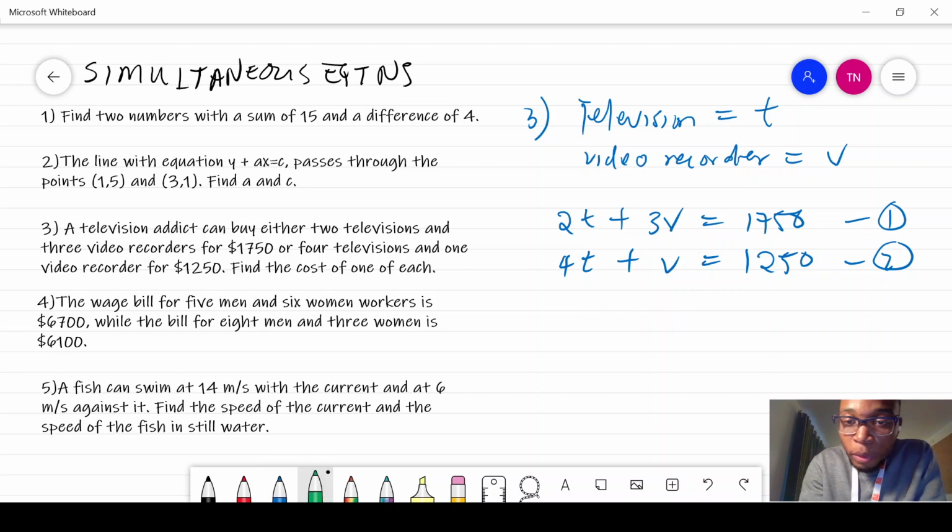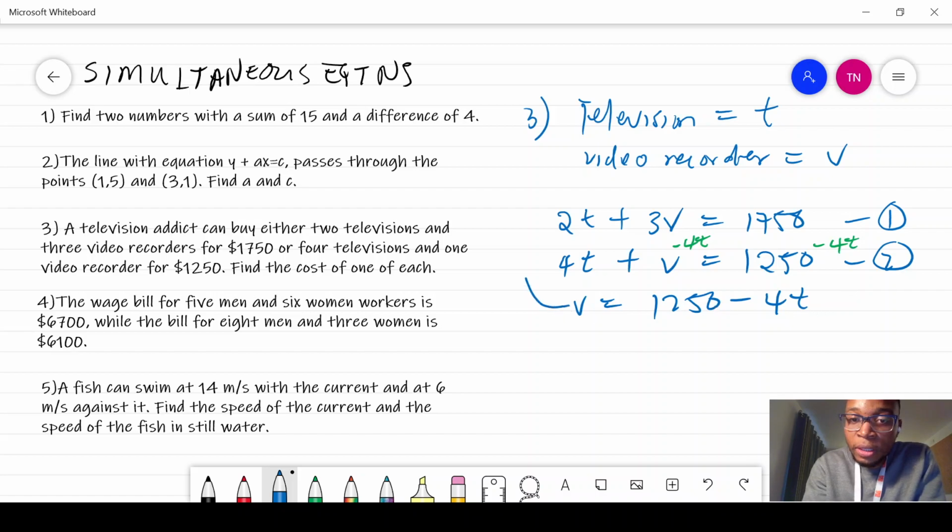To make V subject of the formula on equation number 2, we subtract 4T this side and subtract 4T this side. Then we have the equation written as V is equal to 1,250 minus 4T. And after doing this, we take this and substitute it into equation number 1.